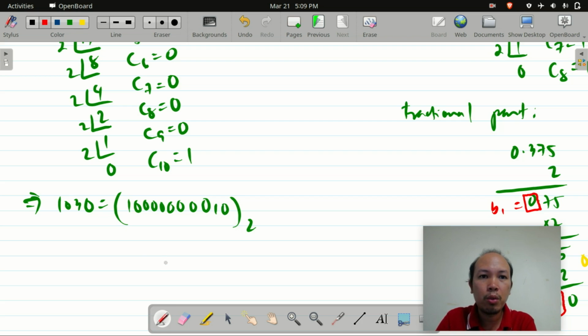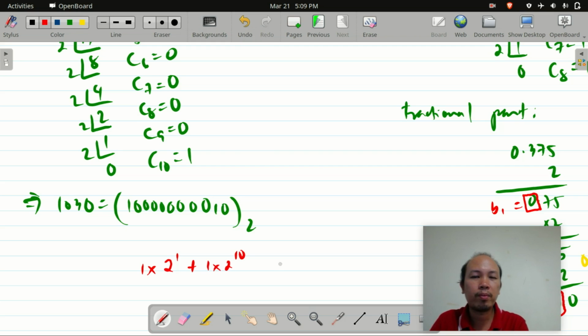Let's check. 1 times 2 to the 1, and then the last one, because from this digit 0 was this one, 0 0 0 0, we have 0 times a number is 0, so plus, so this is 10. Okay, sorry, this is 1 times 2 to the 10.